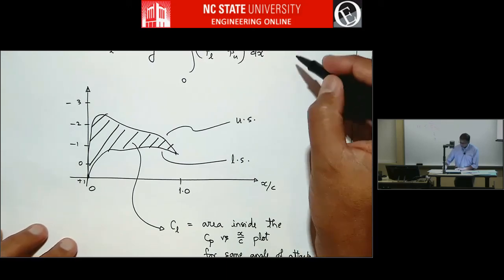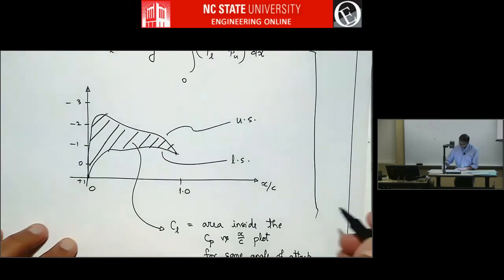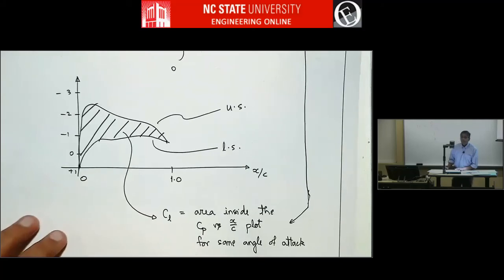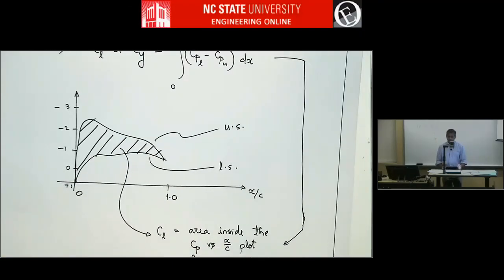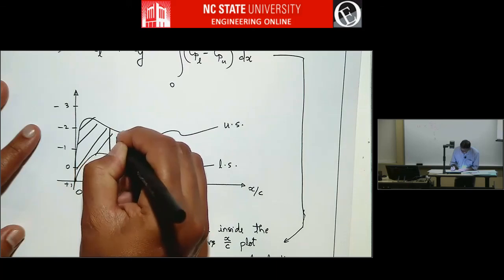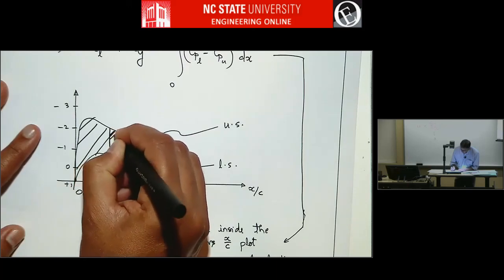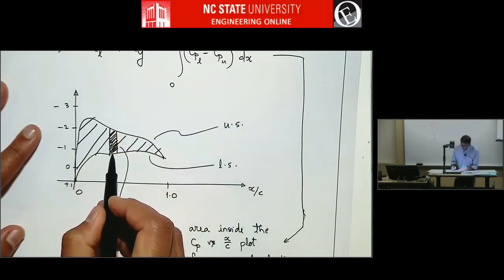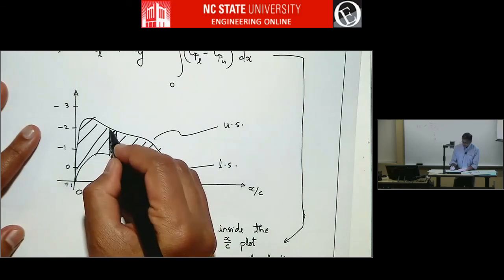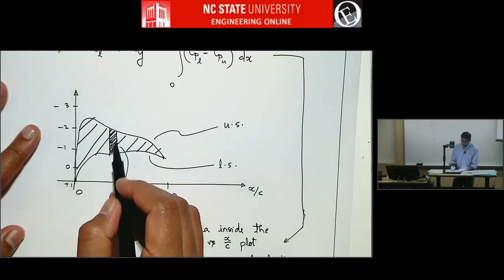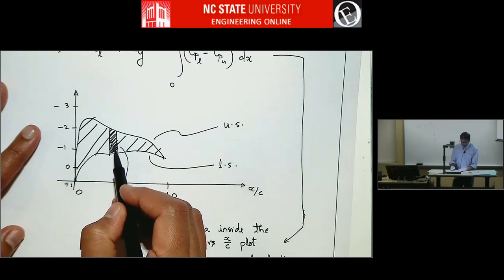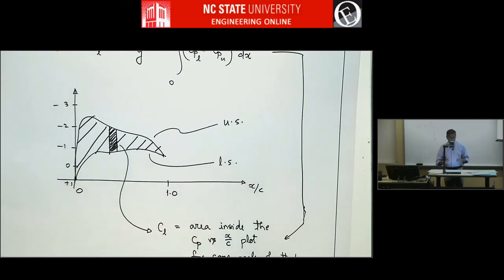And that's what this also tells us. This expression is the same as what is shown graphically. And for any given airfoil location, like let's say this little portion of the airfoil, the lift over this portion of the airfoil is actually equal to the area between the two curves for this portion of that airfoil.